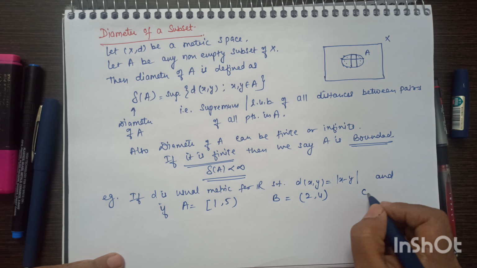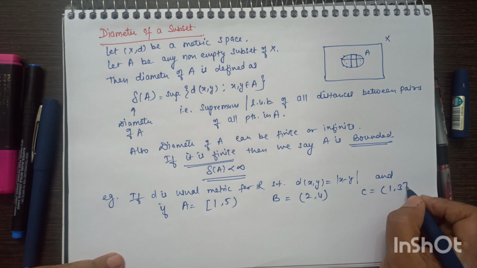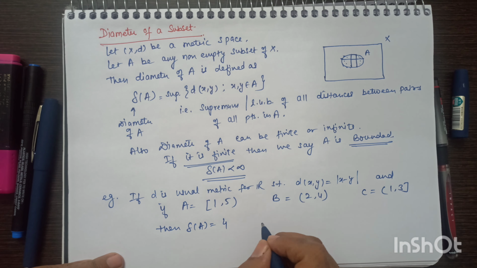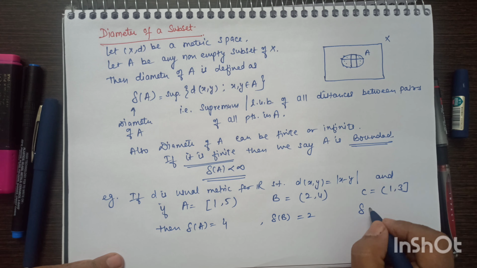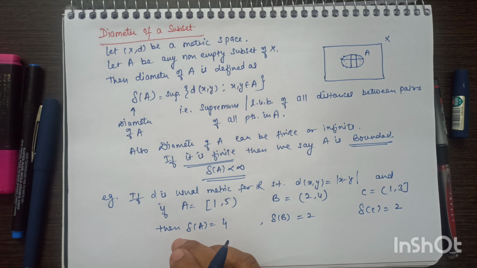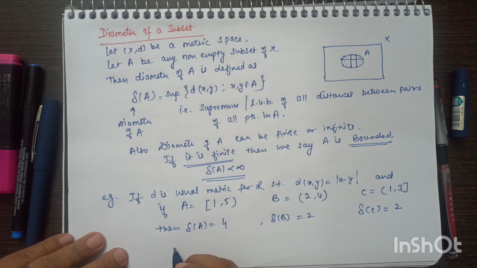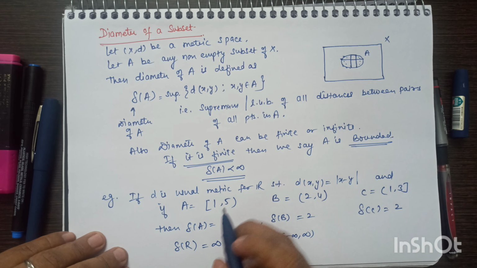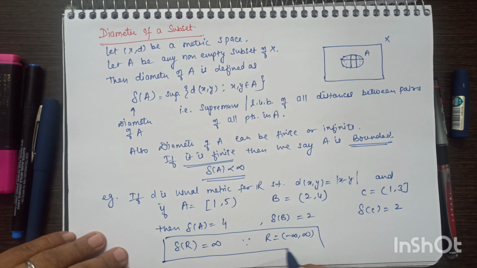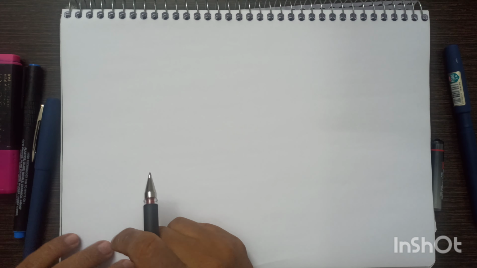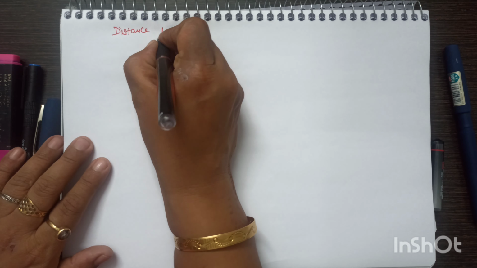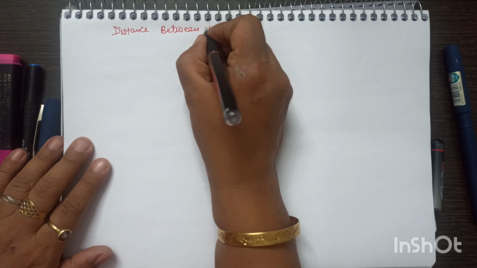If A is [1, 5], B is this, C is this interval, then the diameter of A is 4, that is 5 minus 1, the diameter of B is 2, the diameter of C is 2. Here it is meaningless whether the interval is closed or open because the distance is the maximum, whether the point is included or not. In case of all of R, the diameter is infinity. We don't use it anywhere but just for the sake of knowledge.